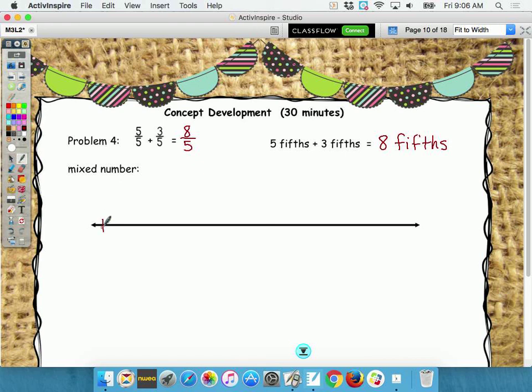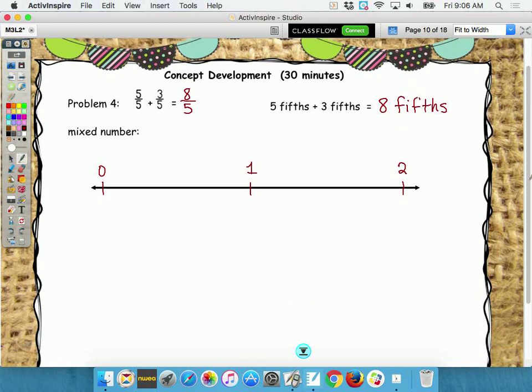So we're going to do 0 and 2 because we have to go past 1. And this will be the last problem we do today. Can we take the other one home to do? No. Okay, so now that we have that much done, what's the denominator? 5. So that's how many tick marks? Always one less. 4, right?